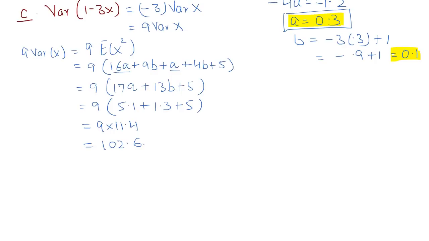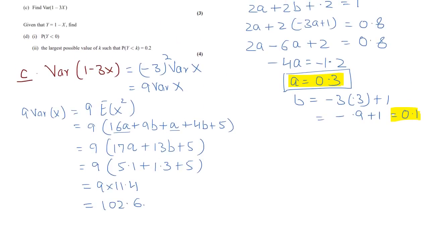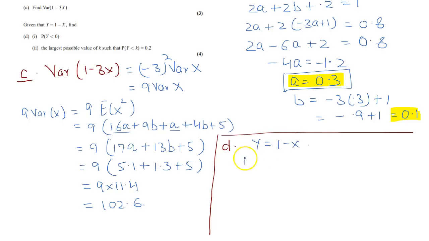Now part D. Given that Y is equal to 1 minus X, find the probability of Y less than 0. So that is P(Y is 1 minus X is less than 0).